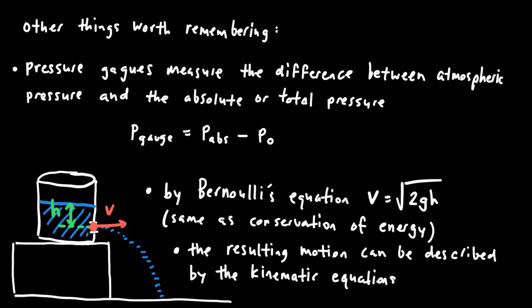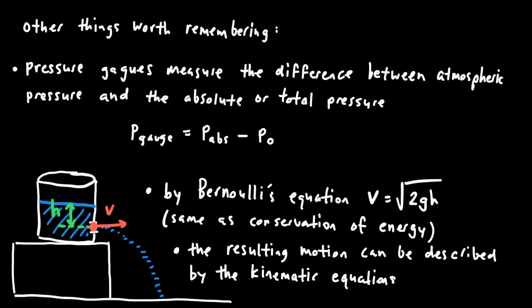A couple of final points that I think are worth remembering is first that sometimes we've seen problems where there's been a gauge attached to a pipe that would be measuring the pressure at that location. The way that those gauges work is they use the outside atmospheric pressure and the inside total or absolute pressure, and they find the difference between those two.